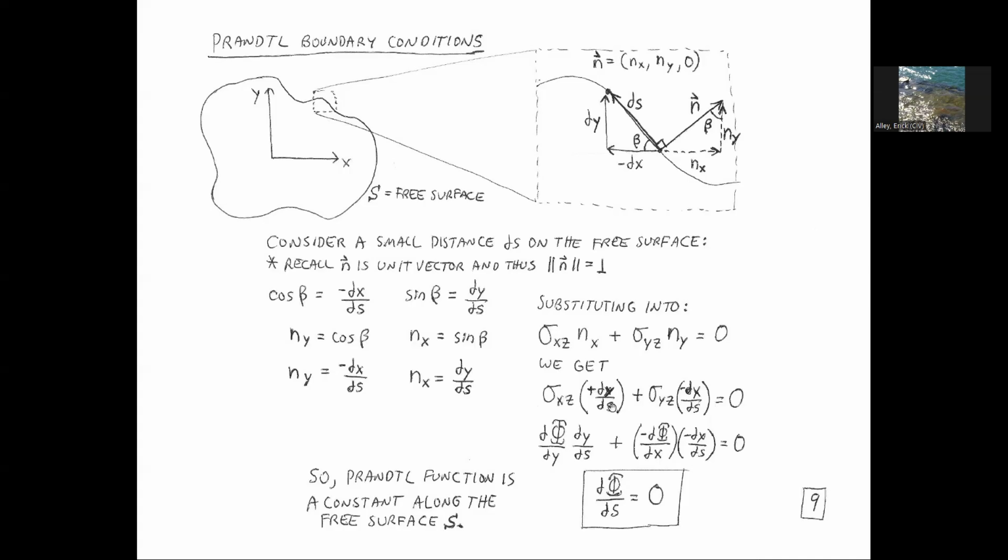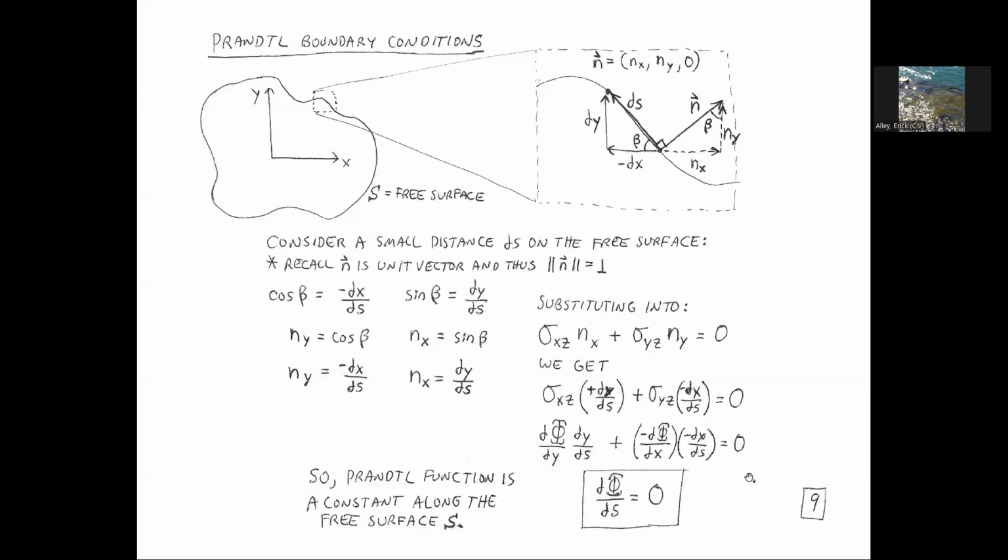So if I throw those two in there and change my Prandtl function out here, d phi dy for xz and minus d phi dx for yz, what I've essentially got is some partial derivative. d Prandtl dy ds plus d Prandtl dx ds. Well, that's just a piecewise derivative that says d Prandtl ds equals 0.